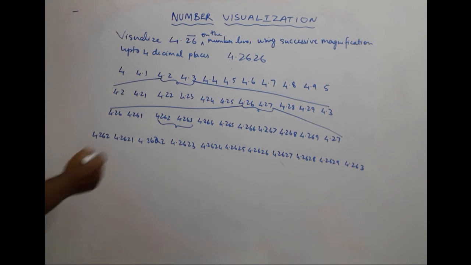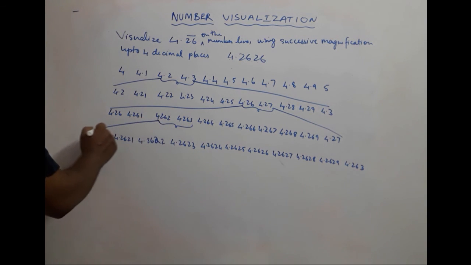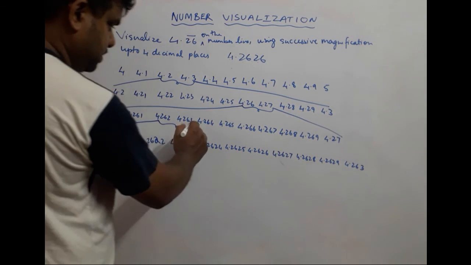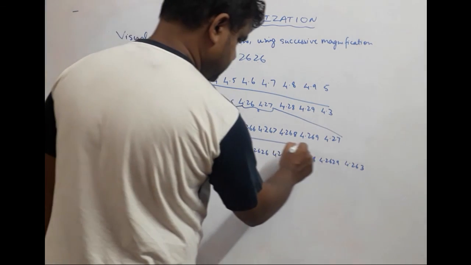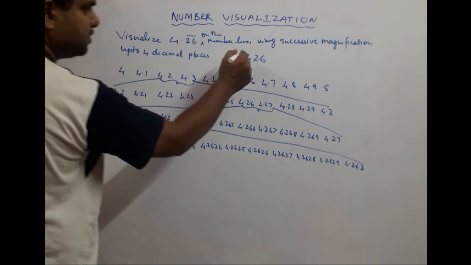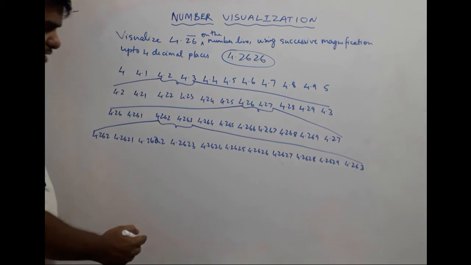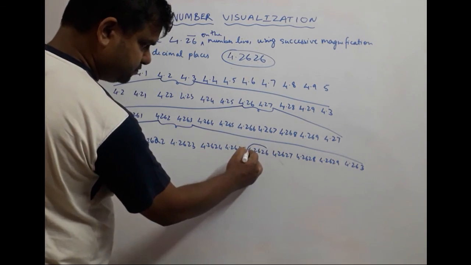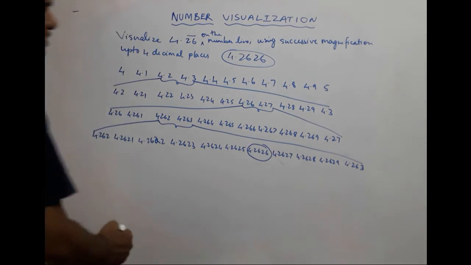So we magnified from 4.262 to 4.263. And do we now get the number that we are seeking? Let us have a look. Yes, 4.2626.